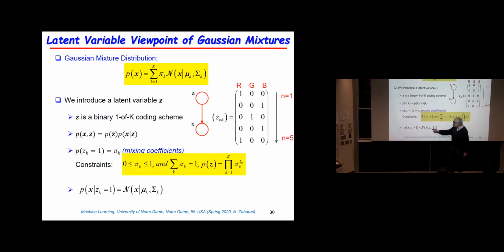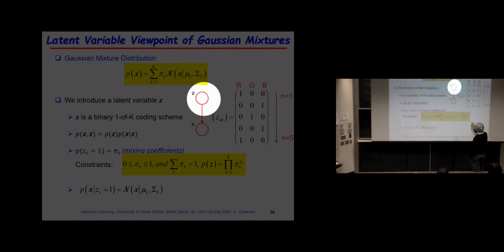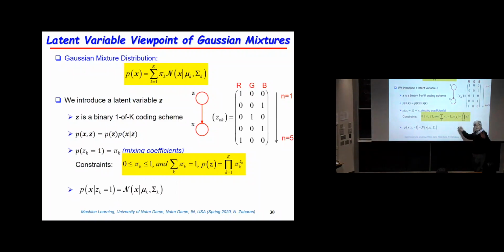So that's a Gaussian with mean mu1 and sigma 1. So if I knew that my point is in Gaussian 1, zk equal to 1, then that's my Gaussian, that's the conditional Gaussian. Okay? So think of this, again, in the context of this probabilistic graphical model. If I knew z, it's trivial. This is just a Gaussian, if I knew z.